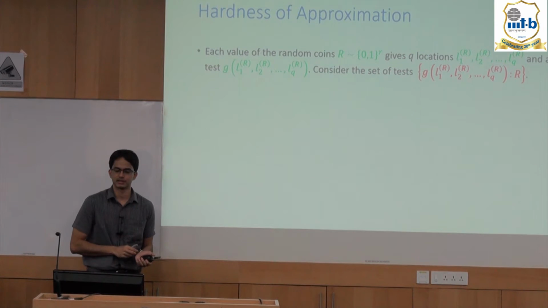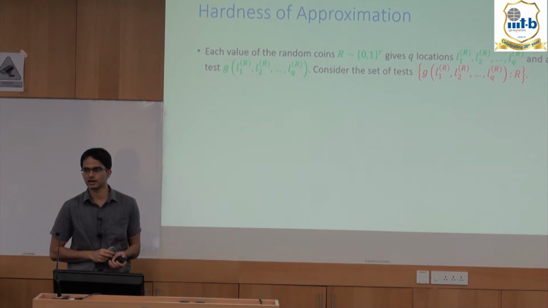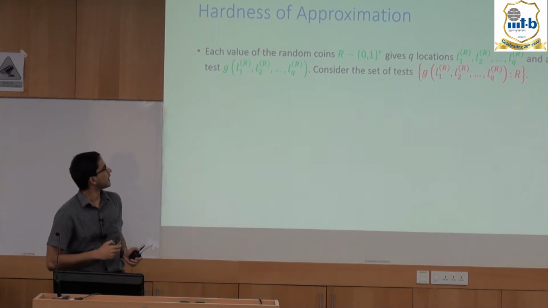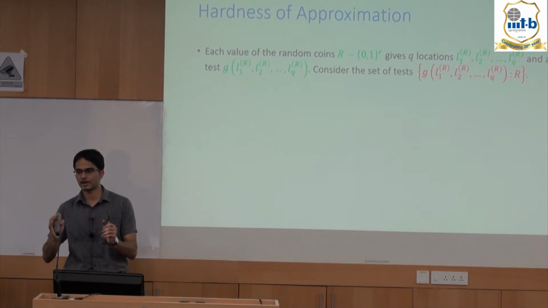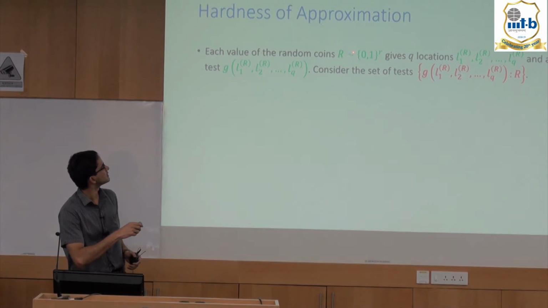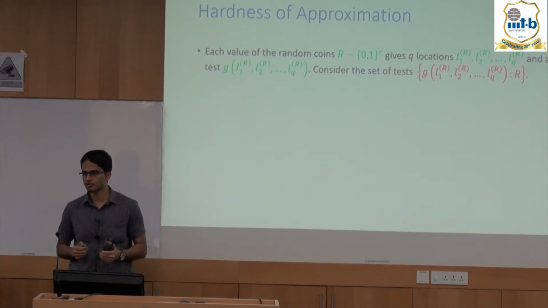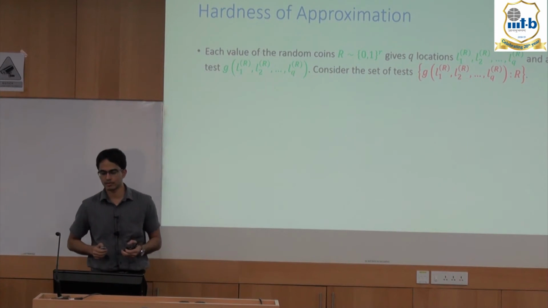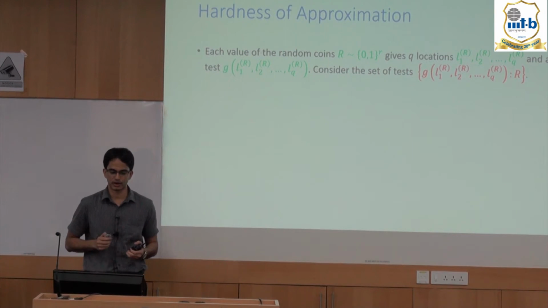So what did we do here? We tossed a bunch of random coins. Let capital R denote the string of heads or tails that we got. Based on this R, we decided on Q locations, let's call them L1(R), L2(R), up to LQ(R).